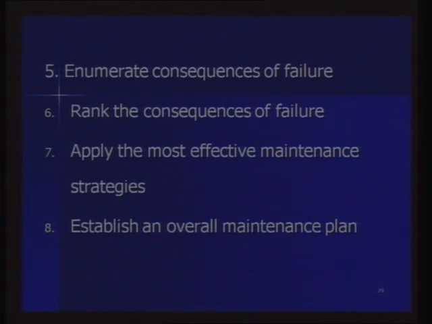As I mentioned, in the aircraft industry, if there is a failure, the cost of the failure is very high. So one should analyze all these consequences and rank them, like assigning priority. Then apply the most effective maintenance strategy and establish an overall implementation plan.